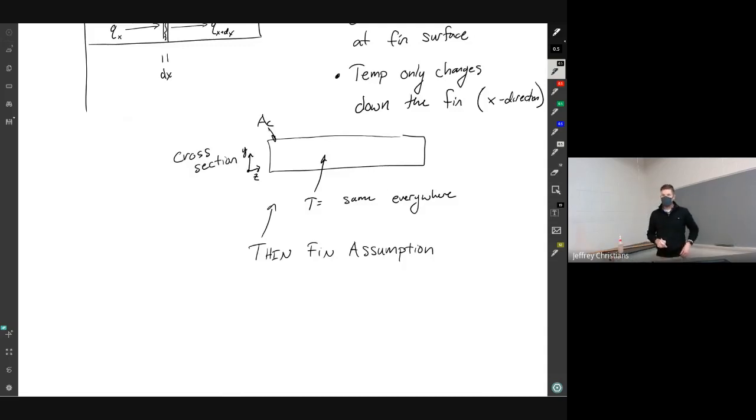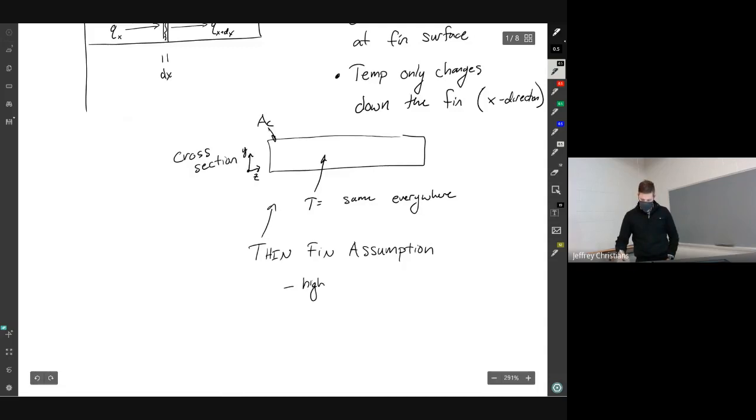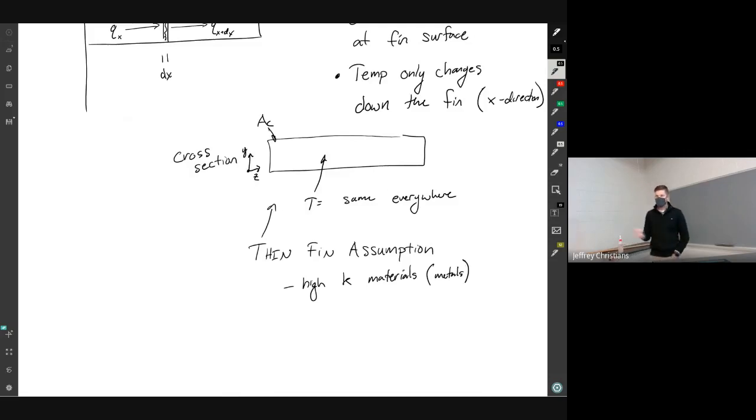This is good for high k, high thermal conductivity materials like metals.